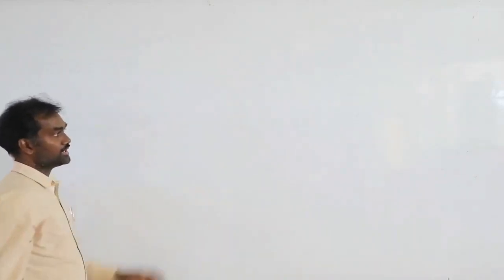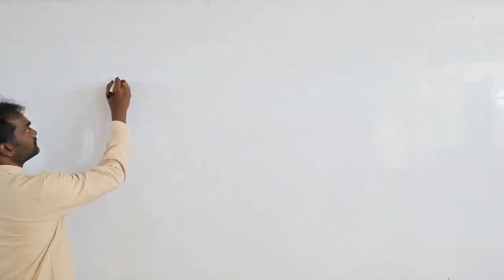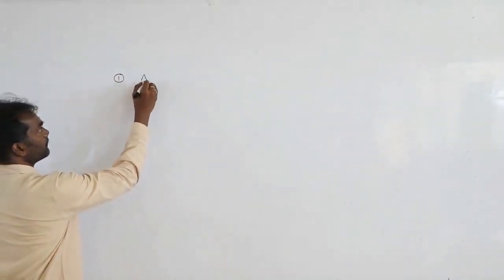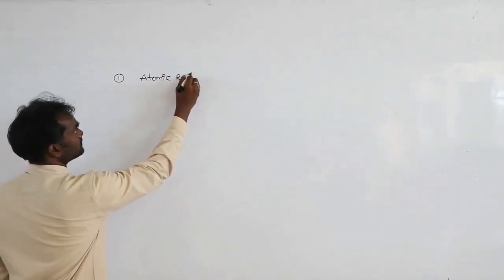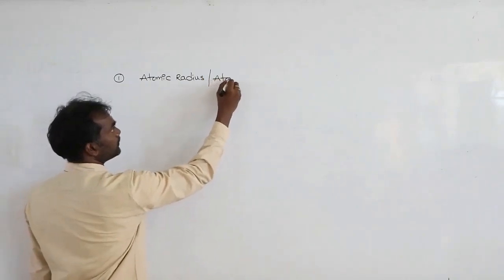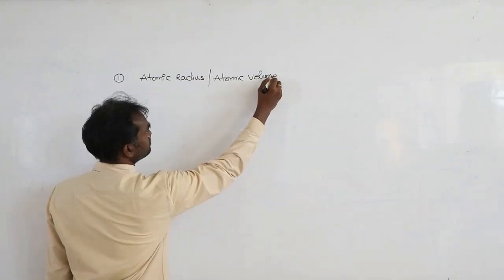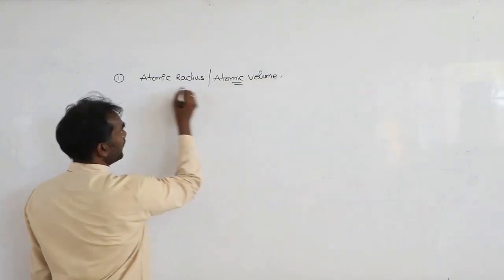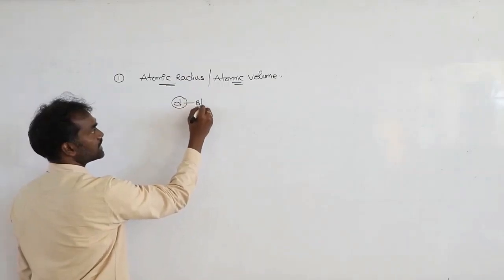In the previous class we discussed the special properties of the d block. Now, other than the special properties, we take atomic radius, otherwise atomic volume. See, in what way are we studying d block elements?